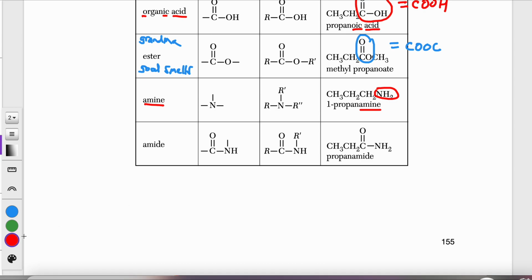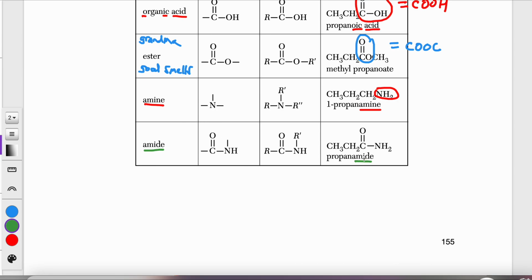Now the amide, pay attention to details. It has a similar name, but if you're given some random organic name and you see it ends in amide, you should be able to classify right away that it's an amide. And amide, I know, sounds a lot like amine, and that's because both have nitrogen in them.